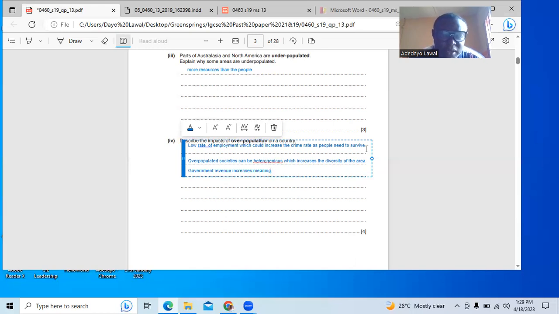Let there be sense in what you are writing, meaning they are able to make provisions for basic services. Now, when you say government revenue increases, how? Government revenue through taxes, because more people are paying tax since it's an overpopulated society. So through taxes increases, meaning they're able to make provisions for basic services.